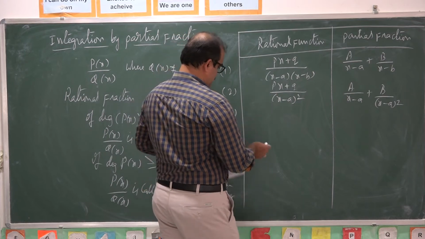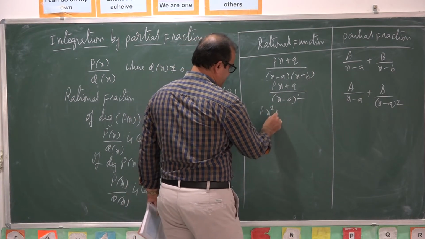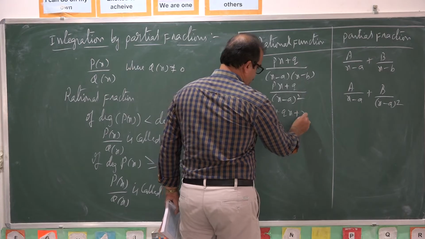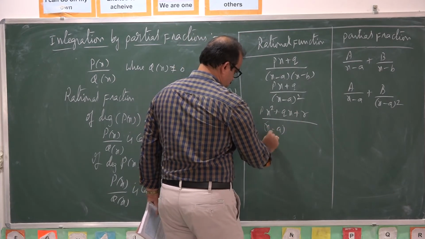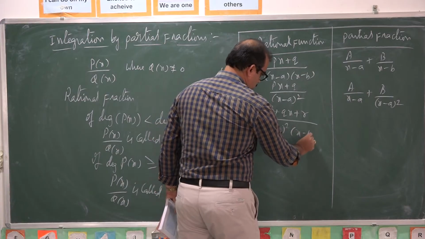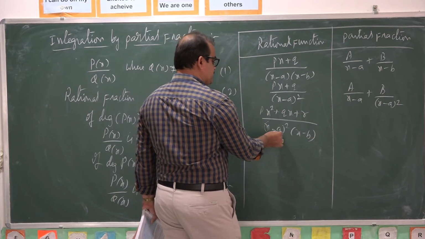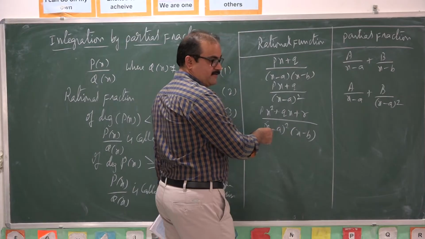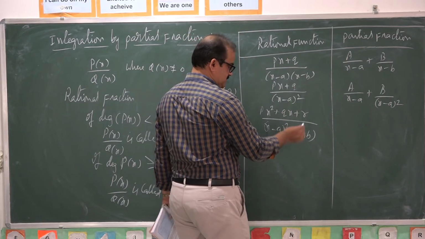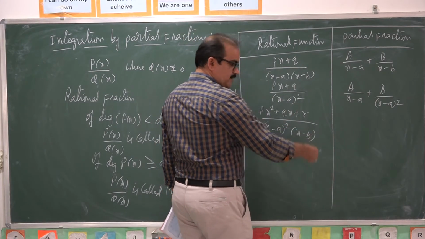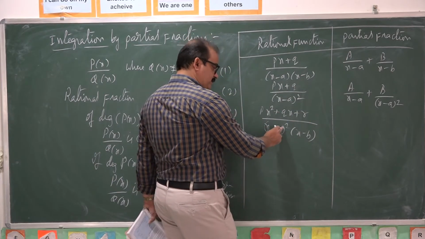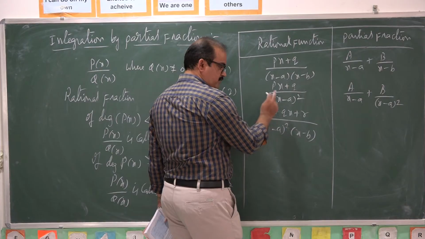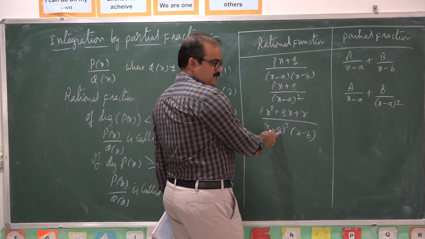Next, if it is in the form where you see here x minus a is a repeated linear factor, it repeats 2 times. X minus b is a non-repeated linear factor. Corresponding to the linear factor repeated 2 times, we get 2 partial fractions.